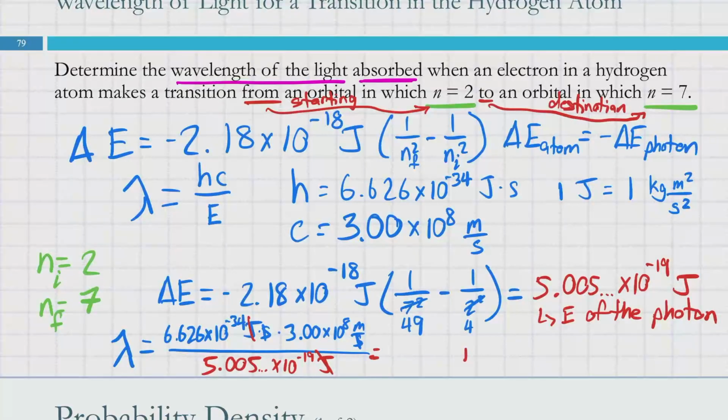And we'll get something with units of meters, and it should end up being 3.97 times 10 to the minus 7 meters. And I think that's the same as 397 nanometers, because nano is 10 to the minus 9.